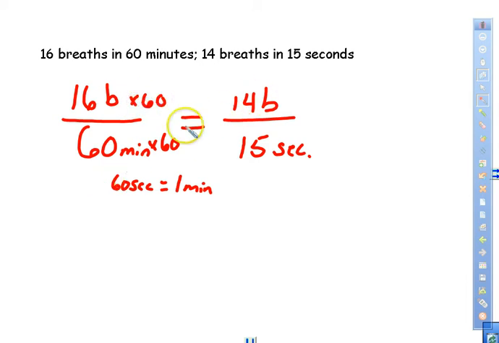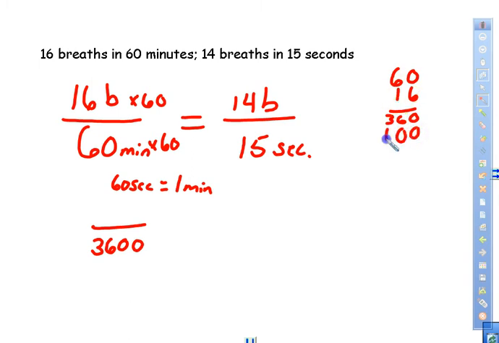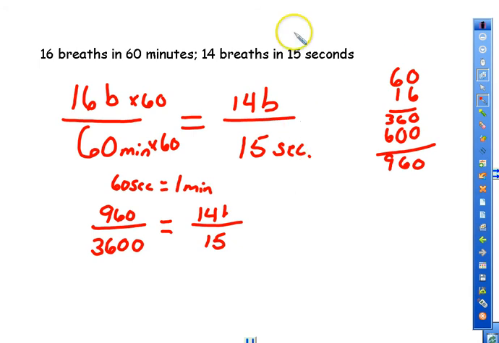So now, I'm going to get this set up first, and when I multiply this together, I get 60 times 60, which is 3,600, and then 60 times 16 is going to give me 960, equals 14 over 15. Okay, now, I can take that off of there.